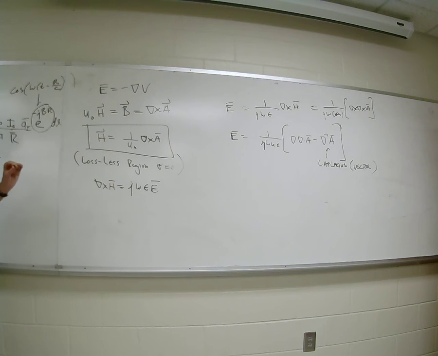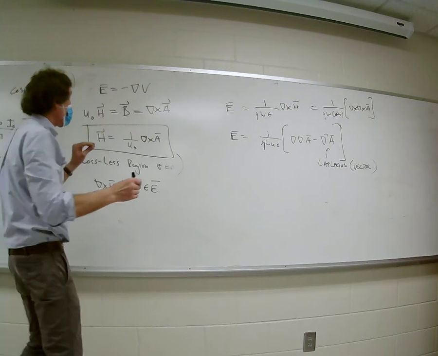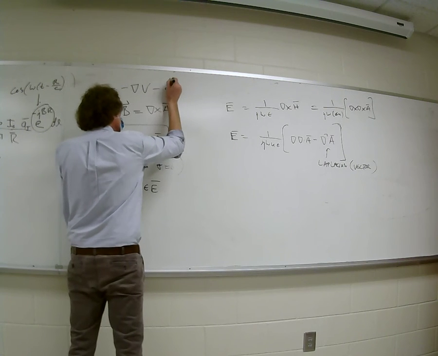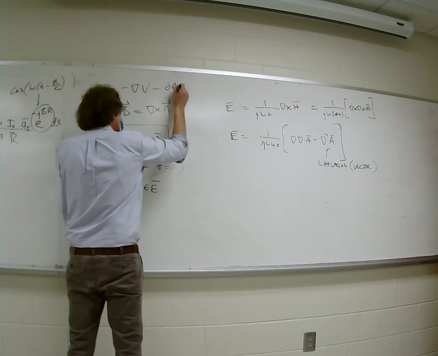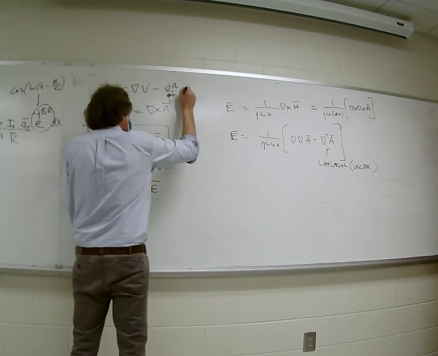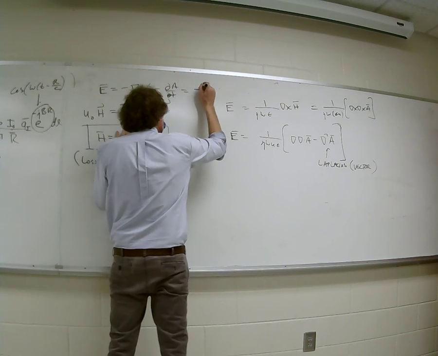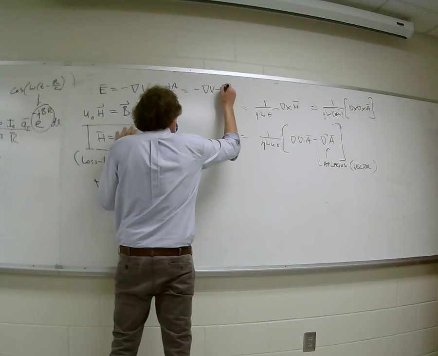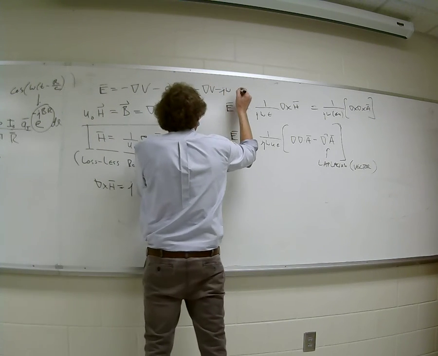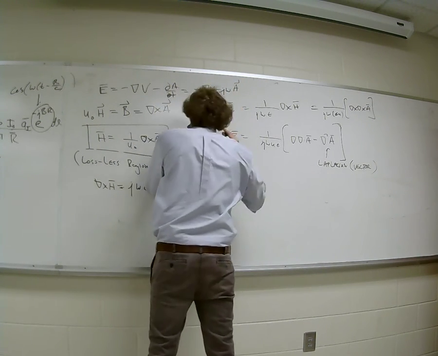Remember, that's electrostatics, isn't it? If you had a fixed charge, it would be that. And then it's minus dA dt, if it's time domain. Or if it's frequency domain, it's minus gradient of voltage minus j omega A here.